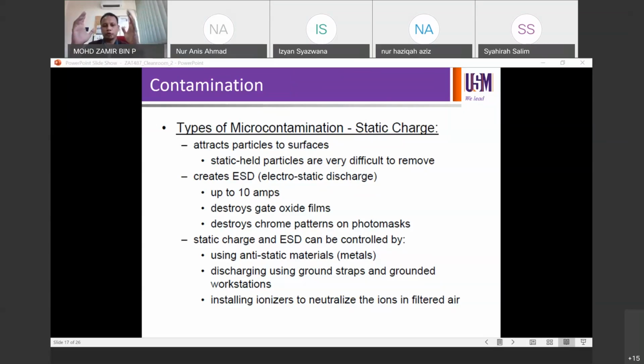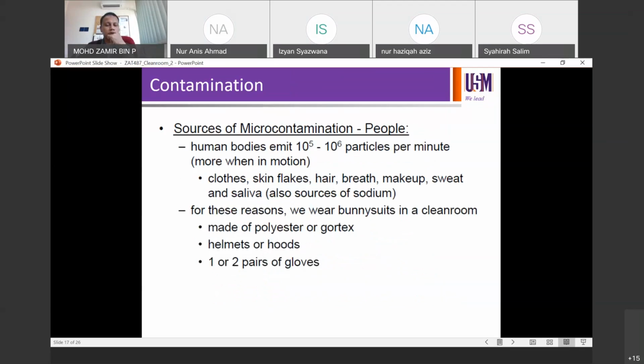So you have the computer for the operators to key in details, and equipment technicians, in fact for engineers as well, to key in what's going on in the equipment or on the process. So those tables are actually strapped and grounded. We do have ionizers as well to neutralize the ions in the air, even though we have the ULPA and HEPA filters on the ceiling to control the incoming air quality that we discussed yesterday.